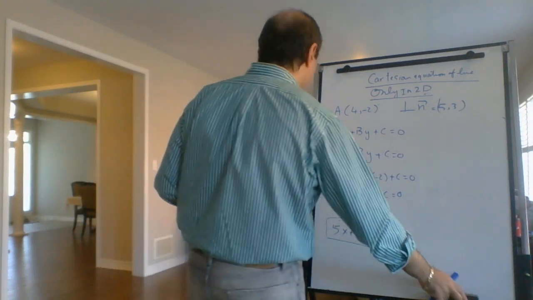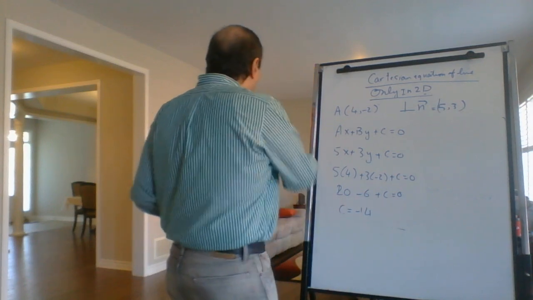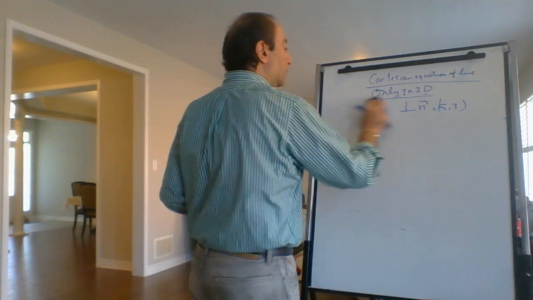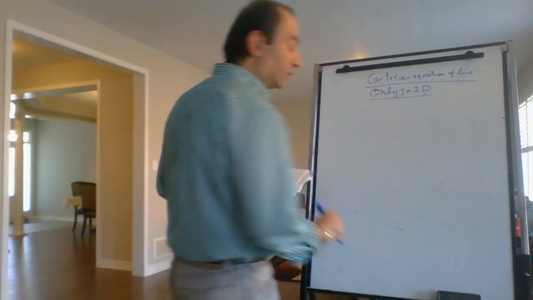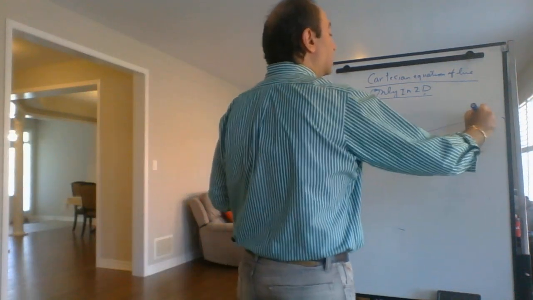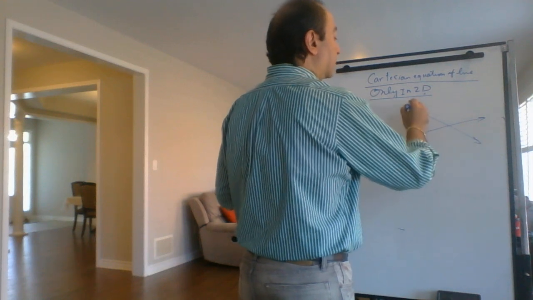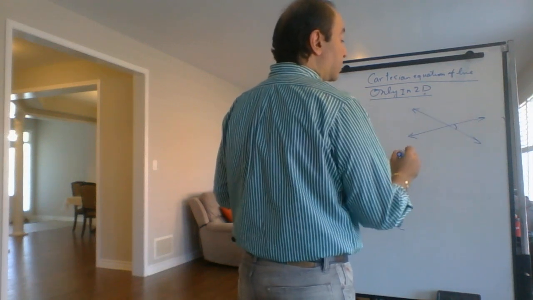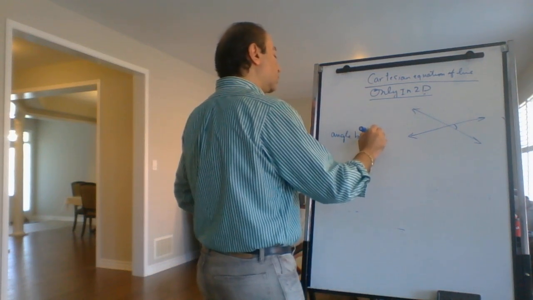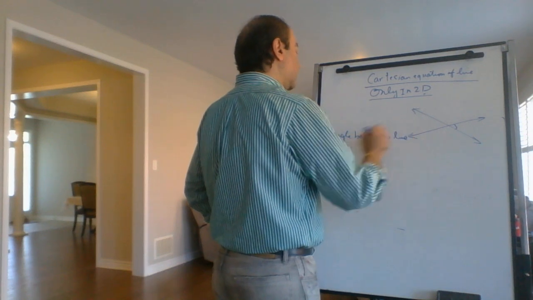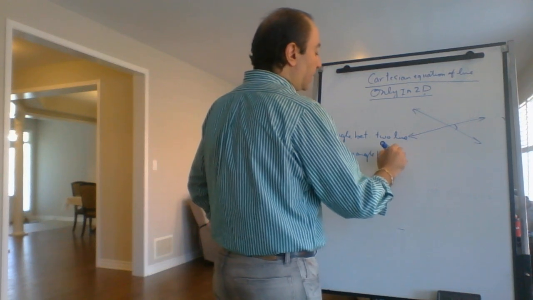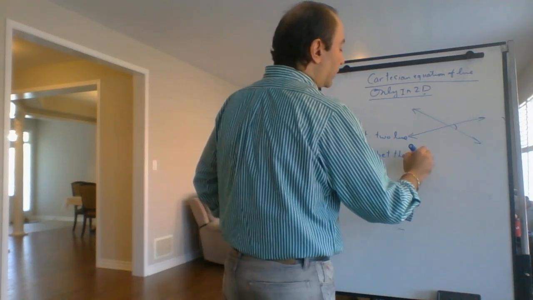Now, there are two things I want to mention. If I want to find the angle between two lines, the angle between two lines is the angle between their direction vectors.